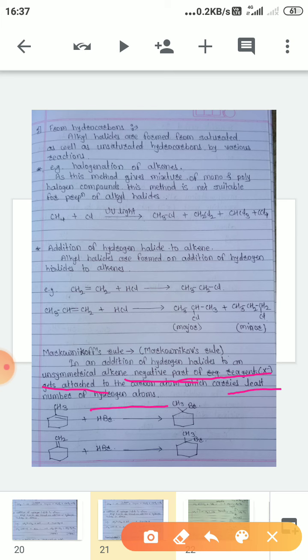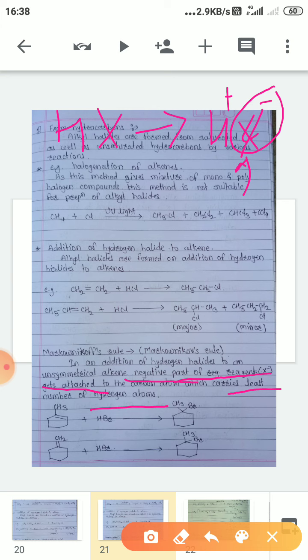First, which reagent are we going to use? We are using hydrogen halides, that is HX. These are polar and form H plus and X minus. This X minus is the negative part of the reagent, and it gets attached to the carbon atom which carries the least, that is minimum, number of hydrogen atoms.